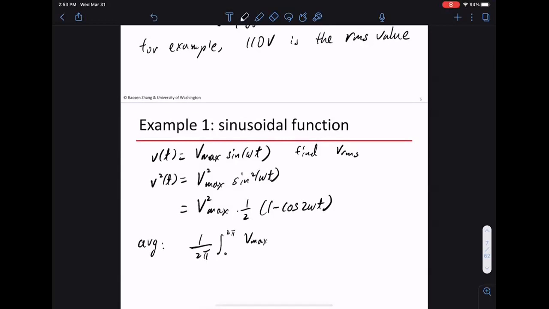So this is V max squared over 2, times 1 minus cosine, and we pretend omega t is theta, d theta. When omega t completes one period, theta goes from 0 to 2 pi.